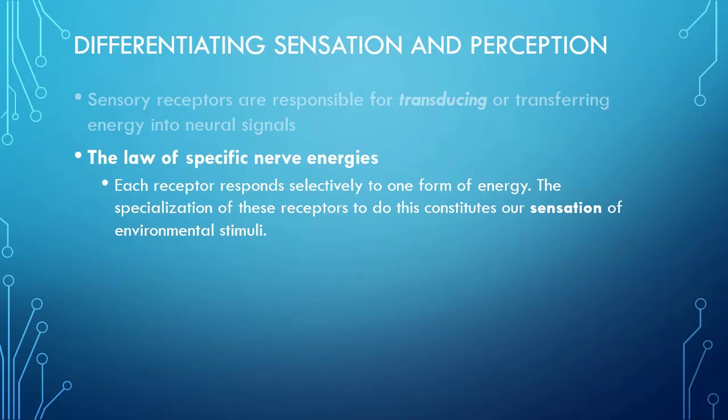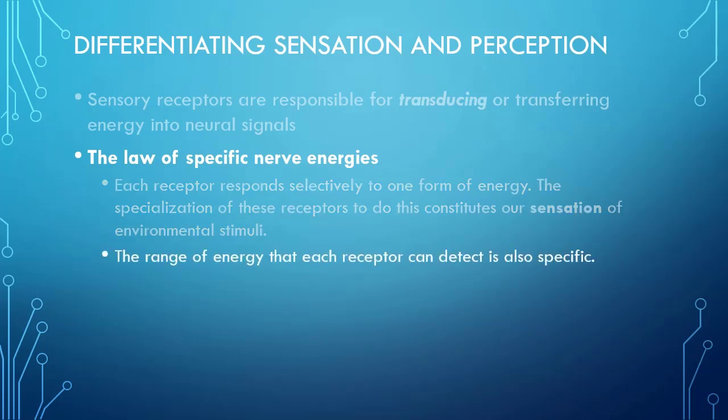It'll cause you to see some little bit of color or something like that. And that has to do with the fact that our eyes are used to responding to one specific kind of energy, and they send a signal to the brain that matches that kind of energy. So if we give them a different kind of energy that can still affect those neurons, hey, we still perceive something that's kind of like light.